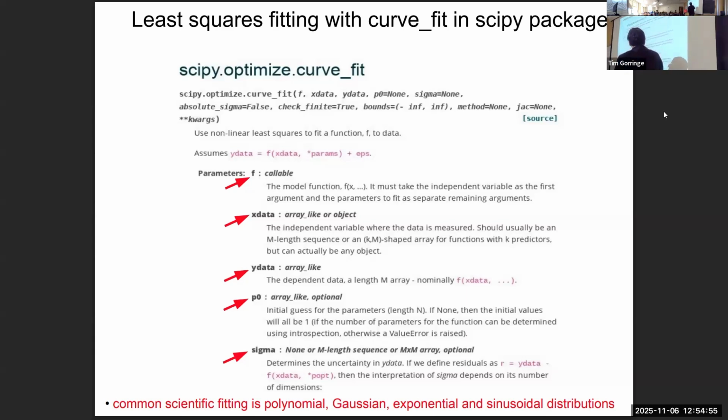I just grabbed the description of curve fit, and I just wanted to walk through these arguments here that we'll be using, and then we'll go to my code. When you call curve fit, and I think you've already called curve fit, there's a series of arguments that you call it with. The first argument is the name of a function.